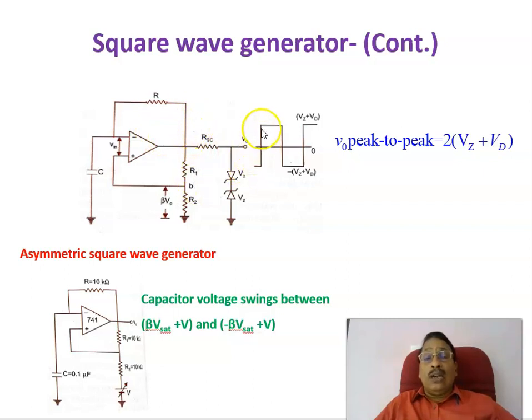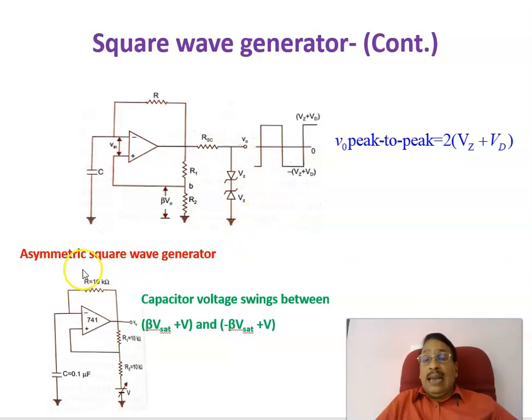If you want to bring it to a limited voltage on the plus side and minus side, you can connect a Zener in this fashion, so that this voltage becomes VZ plus VD and this becomes minus of VZ plus VD. The total peak to peak voltage will become twice VZ plus VD. This is one modification of a square wave generator to limit the output voltage using Zener diodes, back to back connected Zener diodes.